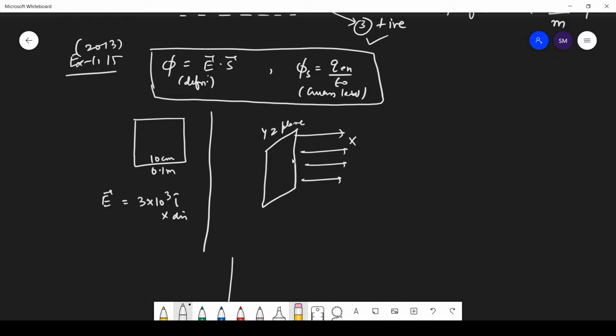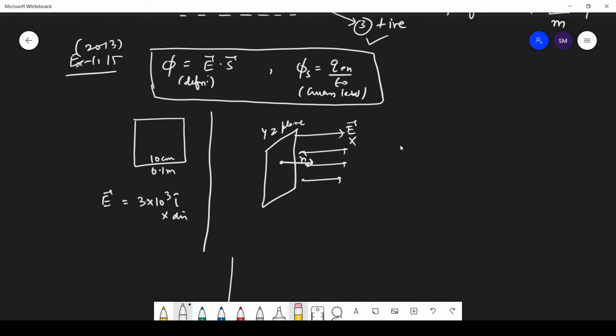Now the normal to this plane will be in the direction of the electric field. So the angle between the plane vector and the electric field is 0 degree.